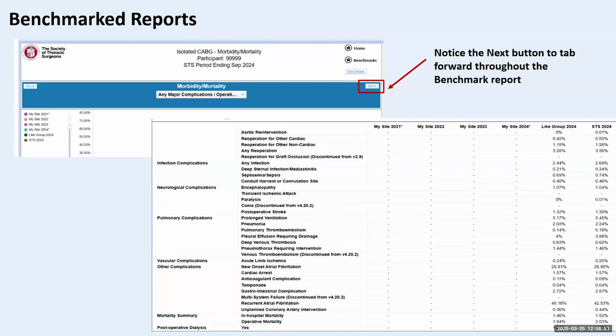When you get into the benchmark reports, you can easily interact with this. You've got a next button to move on to the next complication, and you can see your site, your like group, and the STS site. So you're getting comparisons and benchmarking for different types of complications, lengths of stay, event hours, and things of that nature. Pretty detailed reports there.